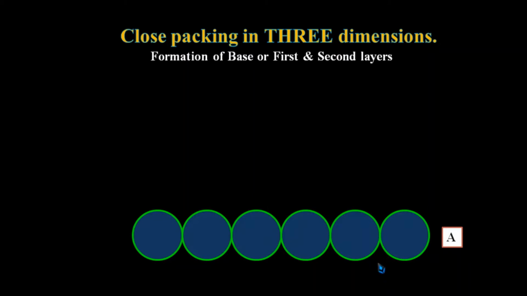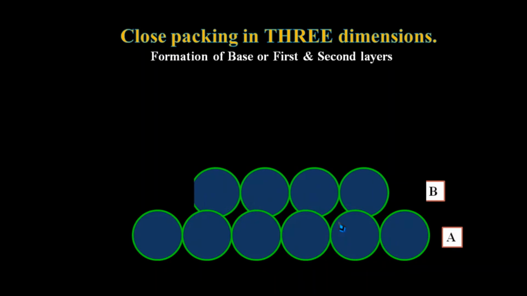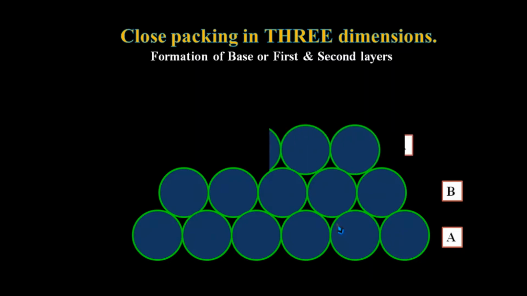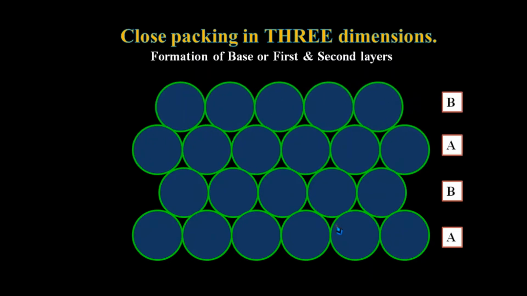This is layer A, and we place the second layer in the depressions of this first layer. So this is actually the two-dimensional ABAB structure. Since the crests of spheres of one linear layer are in the depressions of the other linear layer, it results in the formation of a hexagonal close packed structure with minimum empty space.